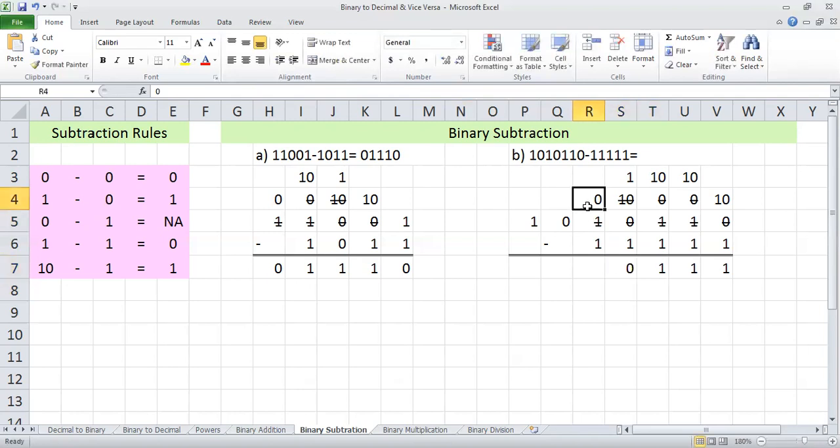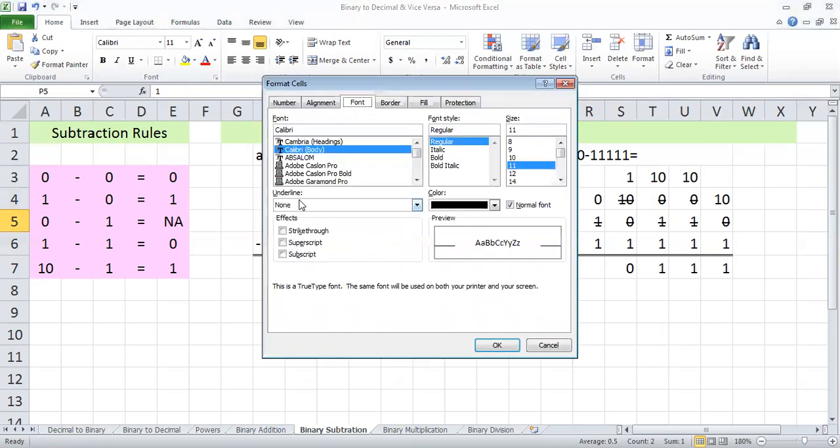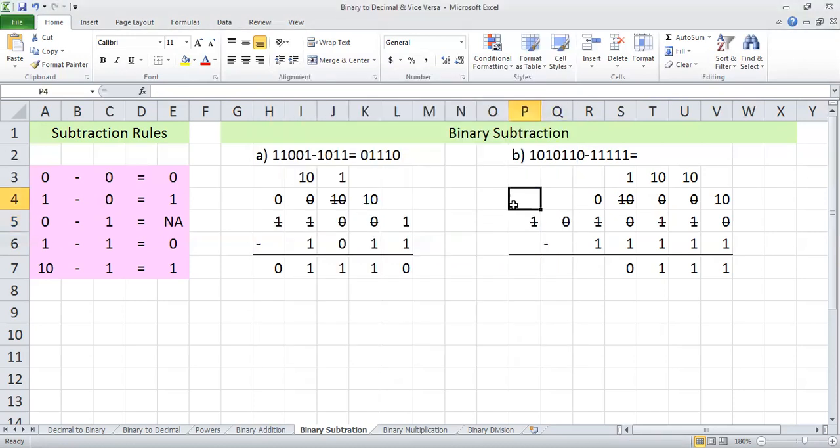Again, we have reached the same situation. 0 minus 1 is not possible. So again, it will take a borrow from the next number, and because it is also 0, it will take a borrow from this number. Now let's do it. Because this is giving a borrow to the next number, it will become 0 and this will become 10. And now because 10 is also giving a borrow to the next number, this will become 1.